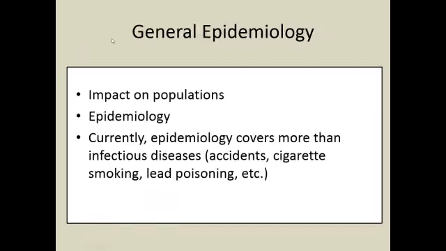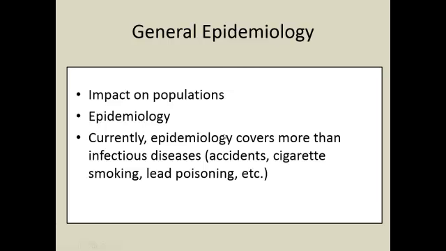On to general epidemiology. Previously, when we were talking about how we classify diseases, we were talking about how it affects the individual. Epidemiology is the study of the impact on populations of diseases, their spread, where and when they occur, and such things. All of that is the study of epidemiology.